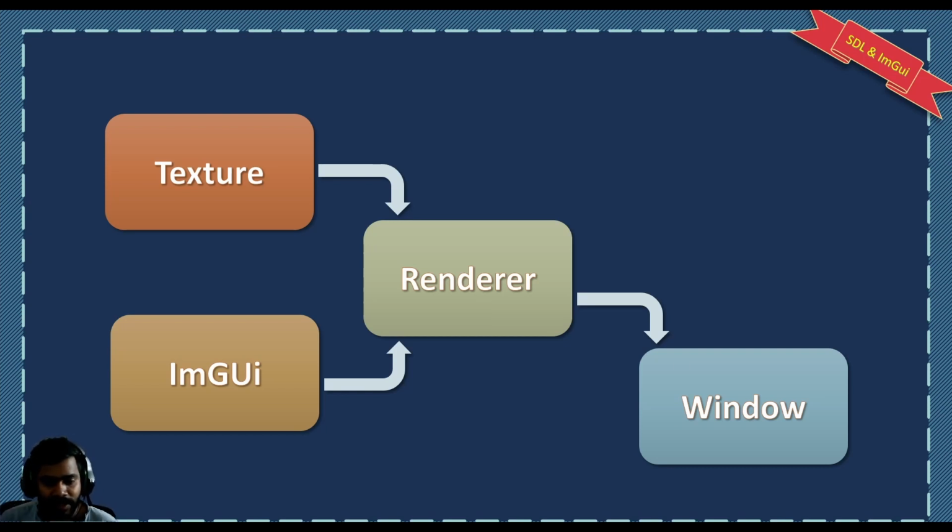To draw the pixels, we are giving the pixel color information to the renderer. So everything we need to give to the renderer. Here imGui will also produce basic color pixel information, the final output of the imGui. That also we need to give to the renderer. Okay.